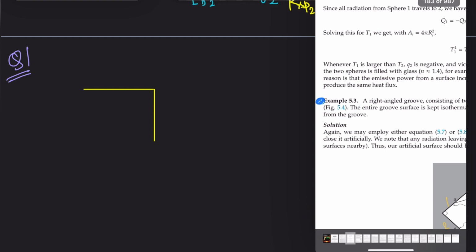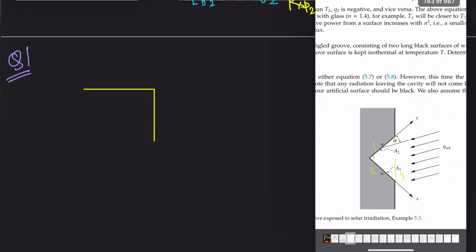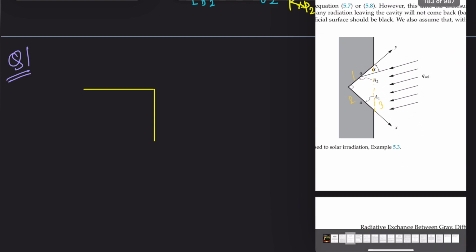This problem is solved in the book by Modest, but with just one method, the method of simultaneous equations. Here I will solve it in both methods, the method of simultaneous equations as well as the method of electrical network analogy, right?